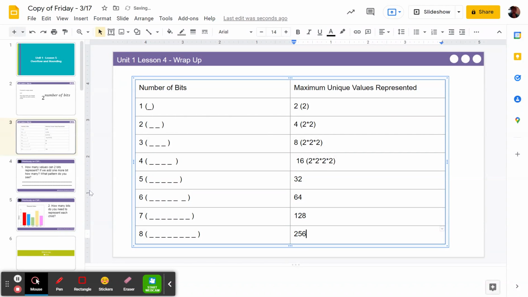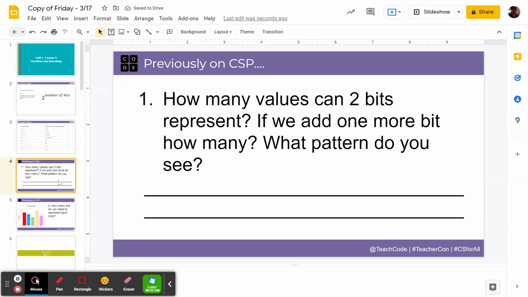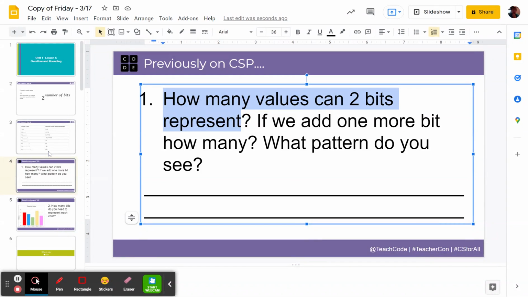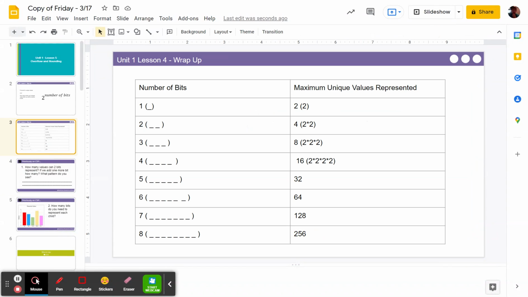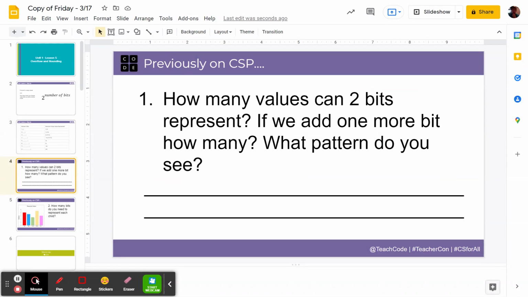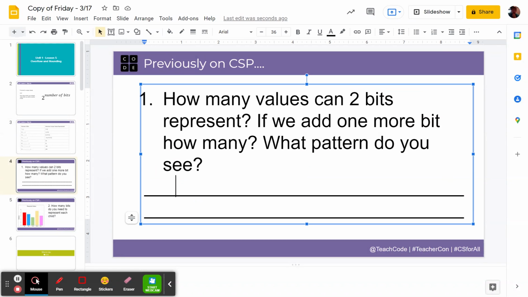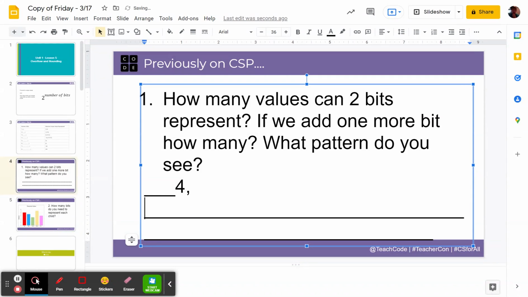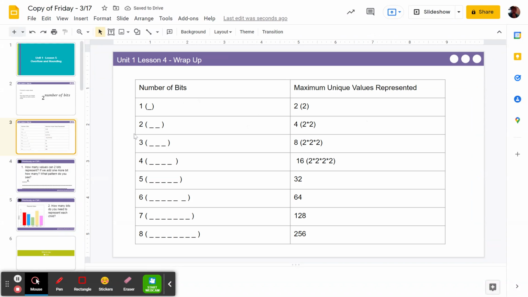This chart can help us answer a lot of questions that are going to be asked. They're generally going to ask it in kind of a weird way. In this one, it's pretty straightforward. How many values can 2 bits represent? So I go back, 2 bits, bam, 4. Add 1 more bit, and just go up.